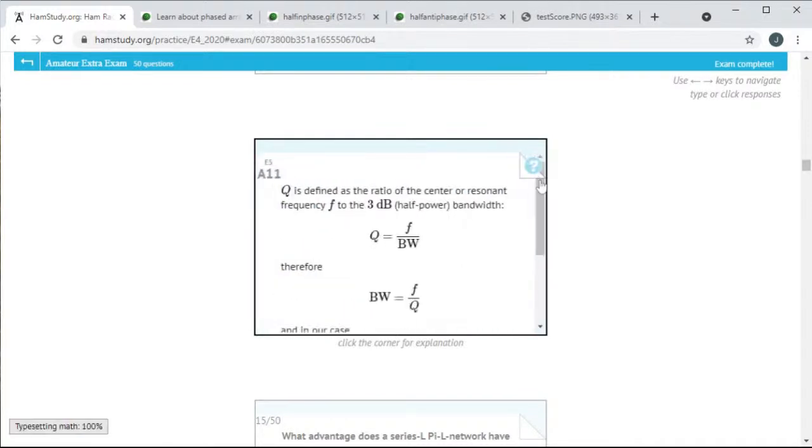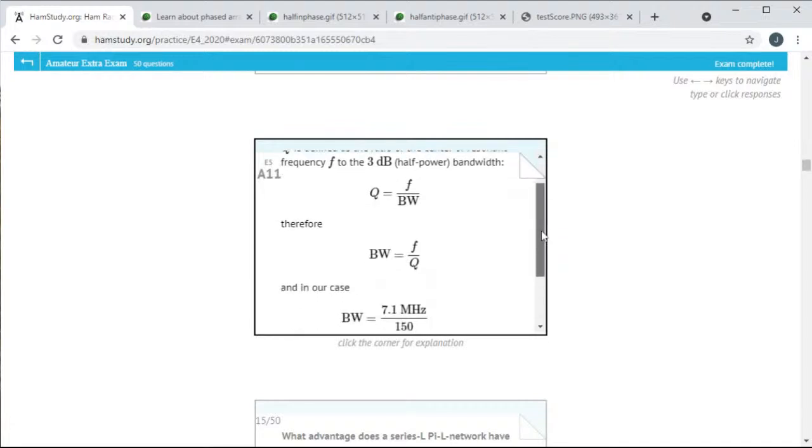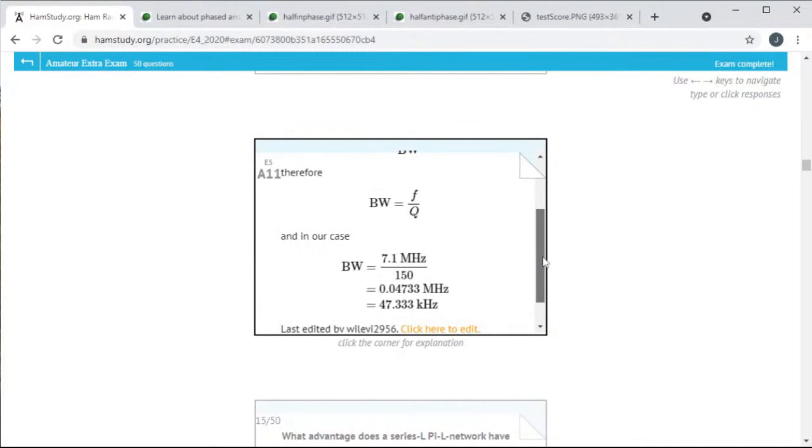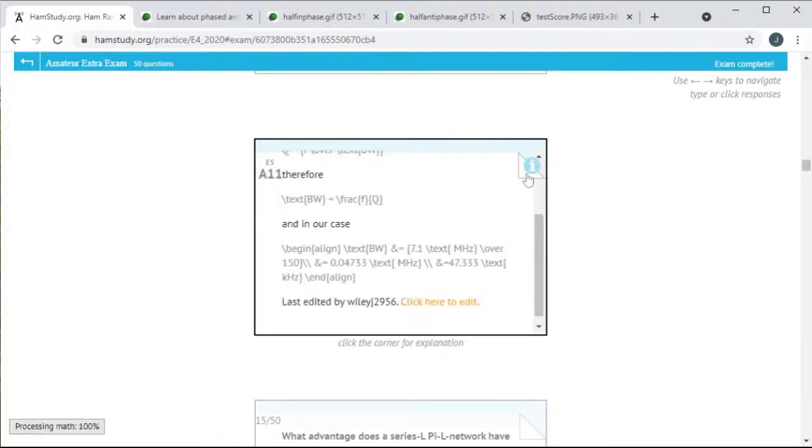So bandwidth equals frequency over Q. So divide the bandwidth by the Q and you get the answer.